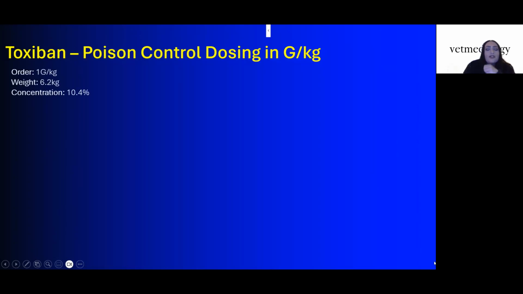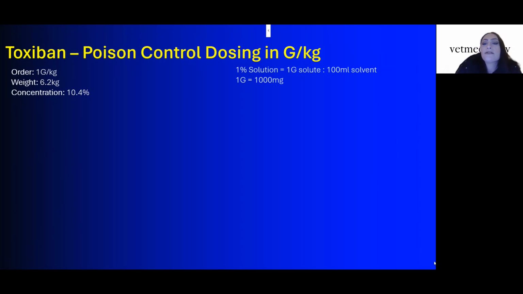All right, so just to recap that, poison control typically suggests about 1 to 2 grams per kg, depending on the severity of the intoxication, basically. And so the weight we're working with is 6.2 kgs. Our concentration is 10.4%. We want to go ahead and work out our concentration first and convert percentage to mgs per mil.